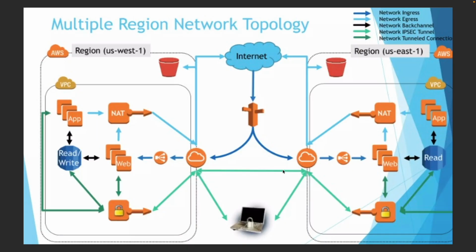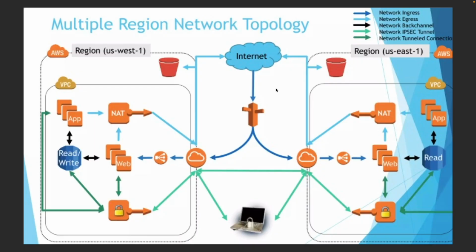We have a master database in one zone and a slave database in another for redundancy. Both zones connect through NAT instances to an internet gateway. Notice the different connection types. Standard network traffic flows in blue, while encrypted tunnel connections appear in green. This setup provides high availability. If one availability zone fails, the other keeps running.